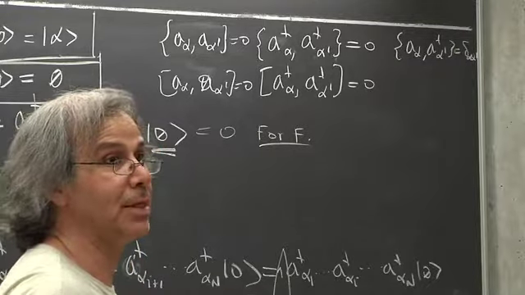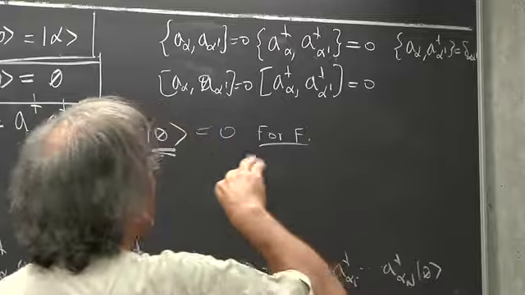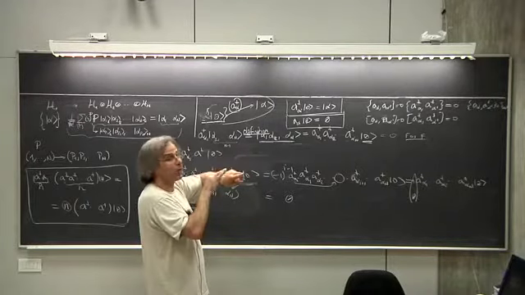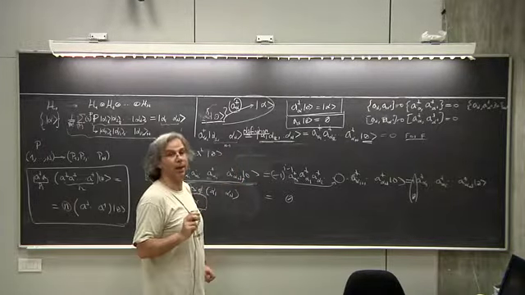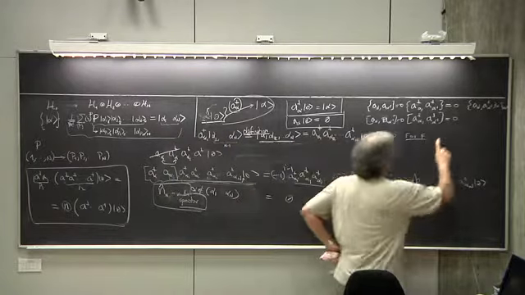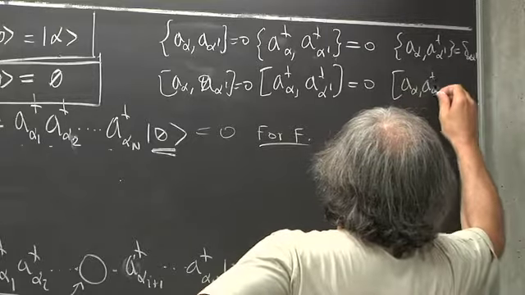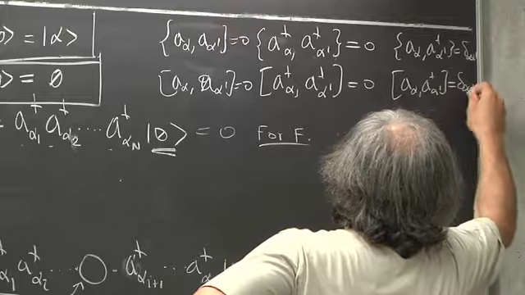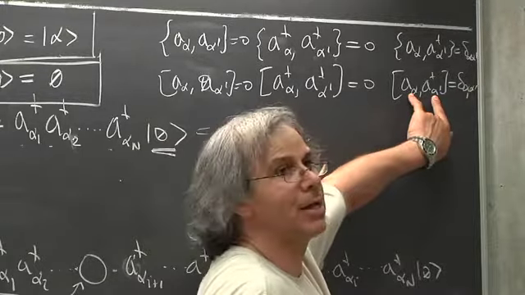Okay, we verified last time the fact that the application of a dagger a or a a dagger in the opposite order, when the label is different, has an extra 1. Okay, just try to look at the algebra we did last time. For the bosons, it would be this. Okay, pretty much as for the harmonic oscillator example, except that in that case there was only one alpha, okay?